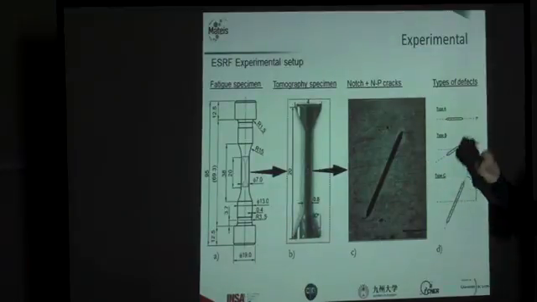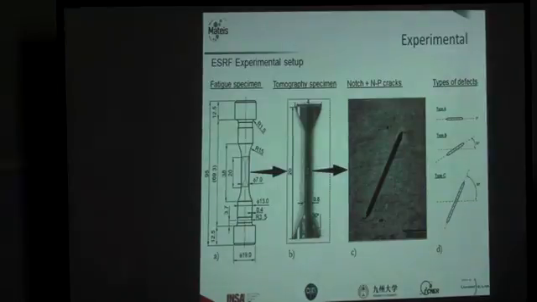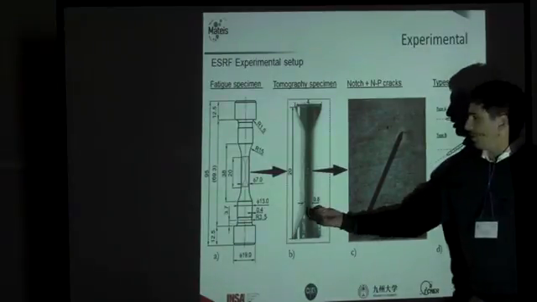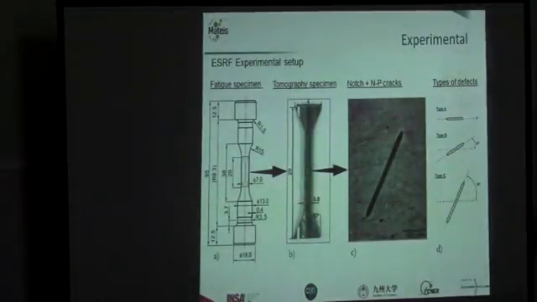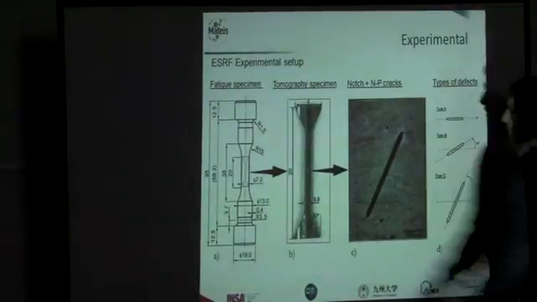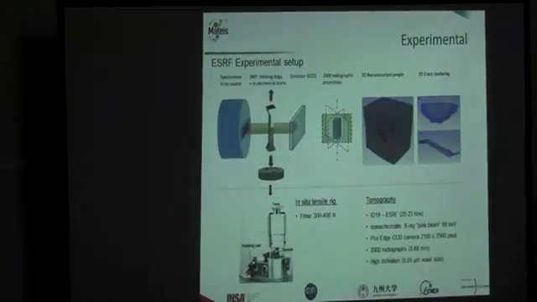The total length on the surface, of the one that I show you, was about 500, and the specimen has to be smaller than 0.8 microns. So to identify the crack position, we have some experimental difficulties. We prepared the specimens and took them to the ESRF.